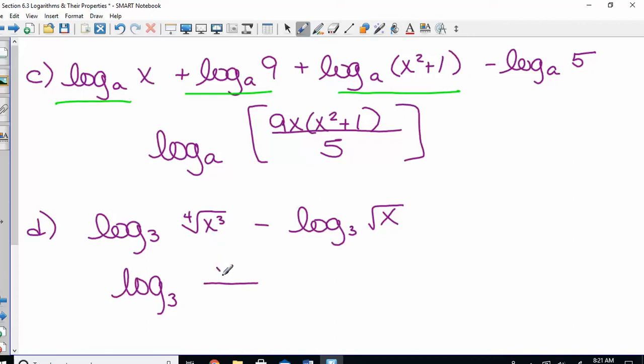What is that as a power? X to the 3/4. This one is minus, so on the bottom, the square root of x would be x to the 1/2. Can we simplify that? X to the 3/4 over x to the 1/2. We can reduce that, can't we? If you're dividing, what do you do with those exponents? Subtract. So 3/4 minus 1/2.